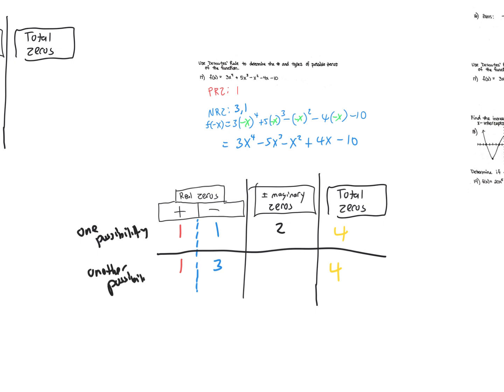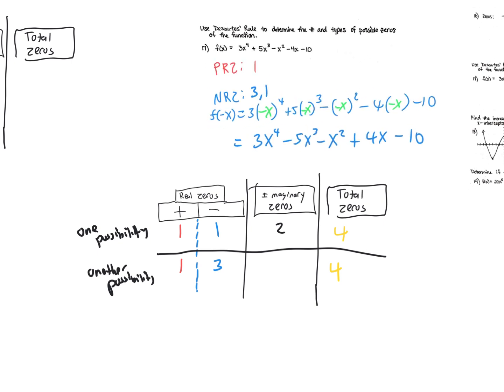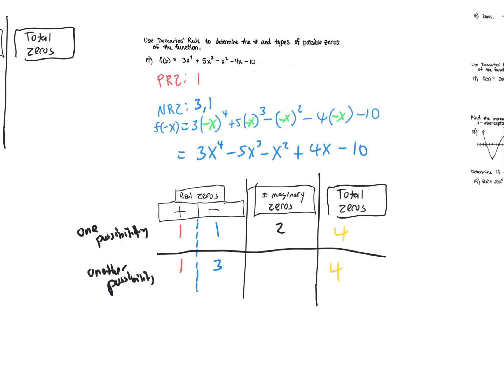Now, to my student watching, please just look at this scenario and please recognize that there are no other possibilities. Okay, so pause the video if you have to, and just think about how there are no other possibilities for this situation, given these possibilities when it comes to the positive real zeros and the negative real zeros.